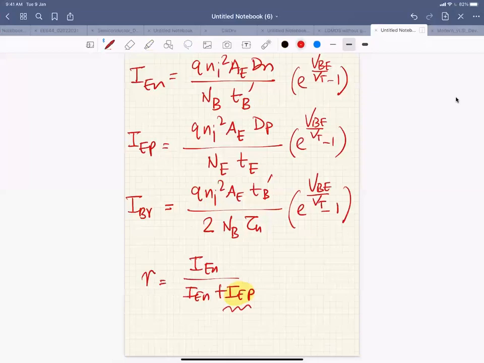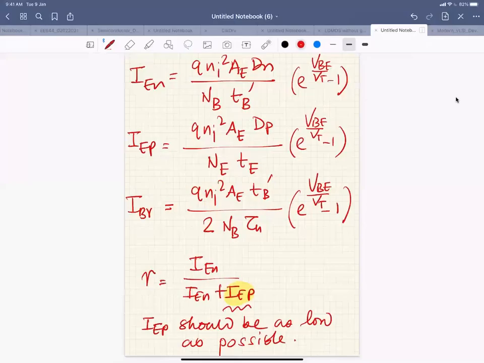So I want my IP to be as low as possible. Because as a device designer, if you want to make a very good transistor, then IP should be low. And how will you make IP low?